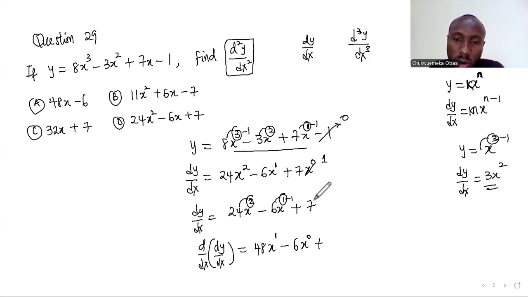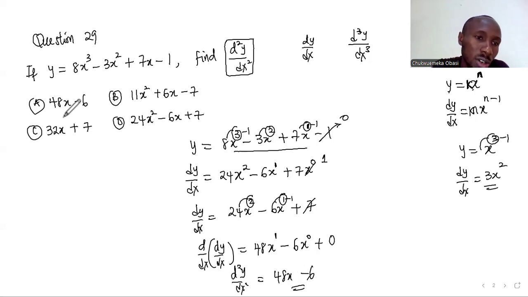And when you differentiate a constant, you get 0. So finally, d squared y dx squared is equal to 48x minus 6. So this is the final answer. And that is option A. So I'm sure this one is not a problem. You just have to understand when they want to differentiate the function once or twice or the third time.